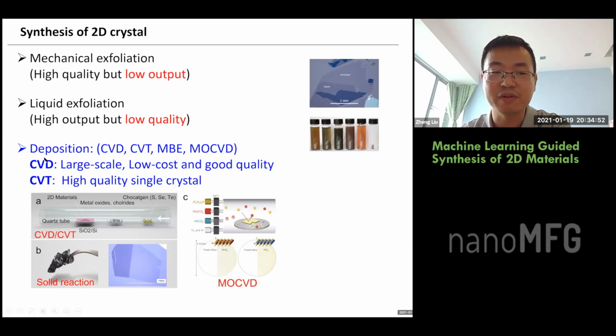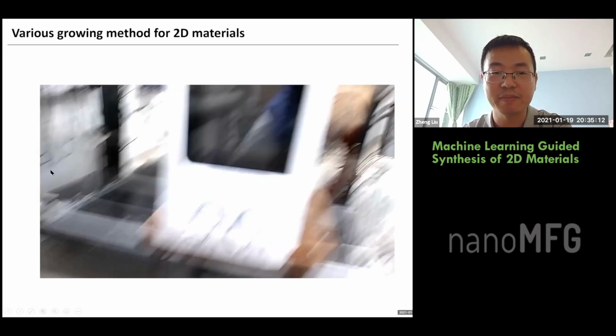For example, with the CVD method, we can produce reasonably good quality materials in large scales. That's quite promising in many applications, so most of our materials will be prepared by this CVD method.